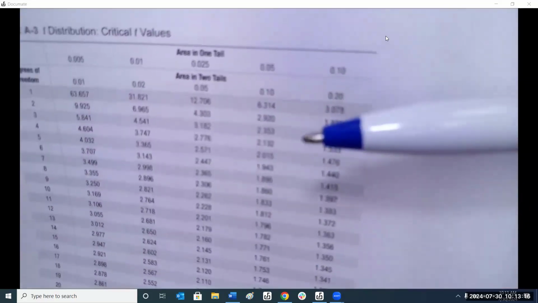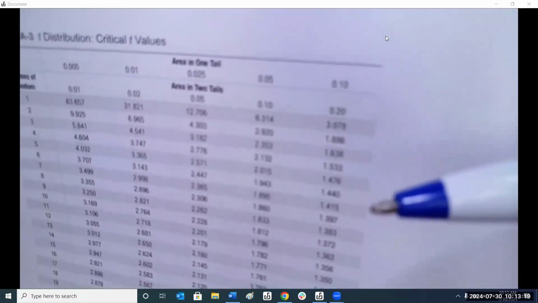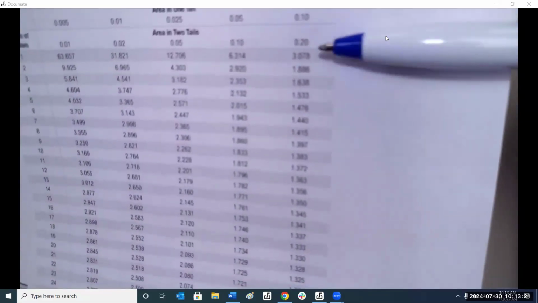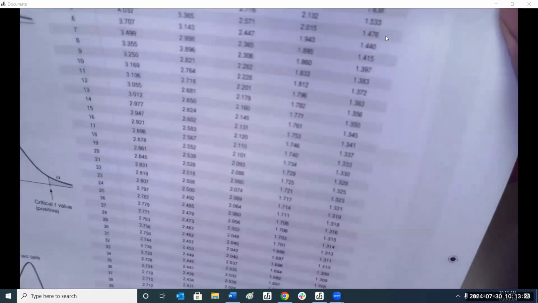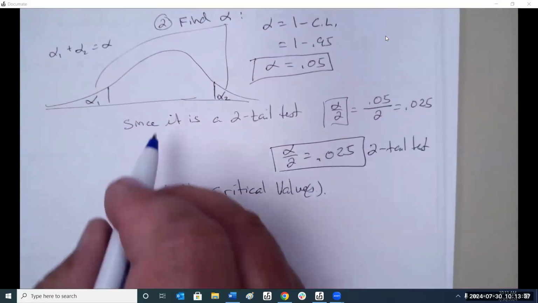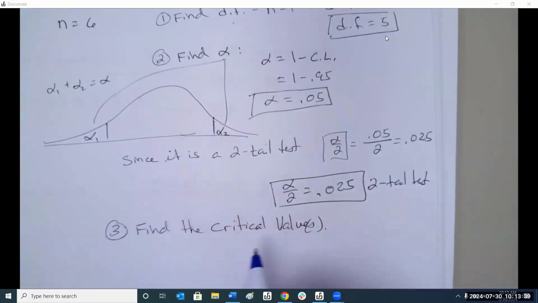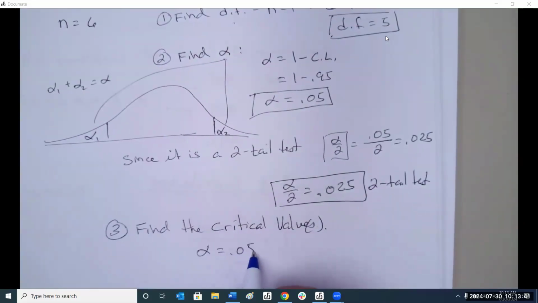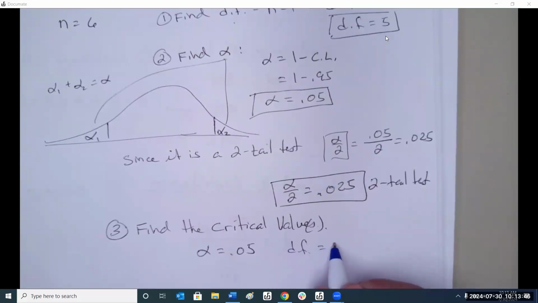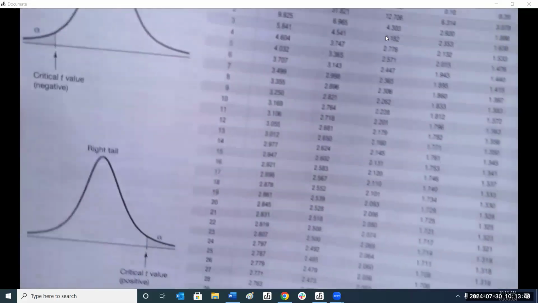Our initial alpha was 0.05 and degrees of freedom is 5.